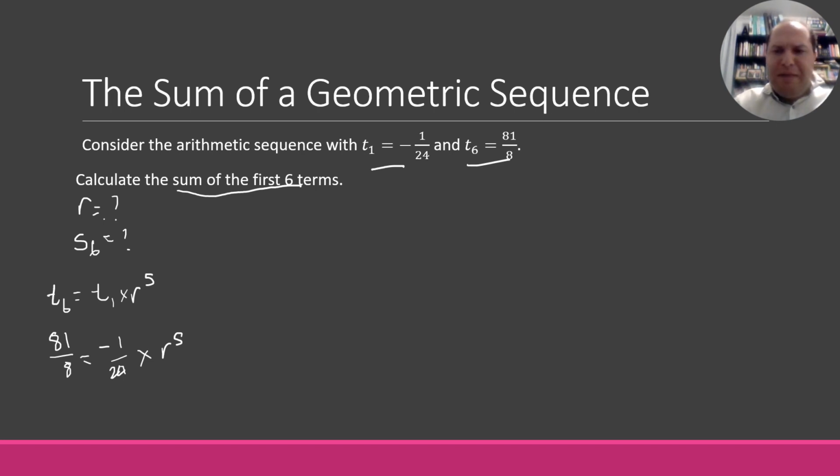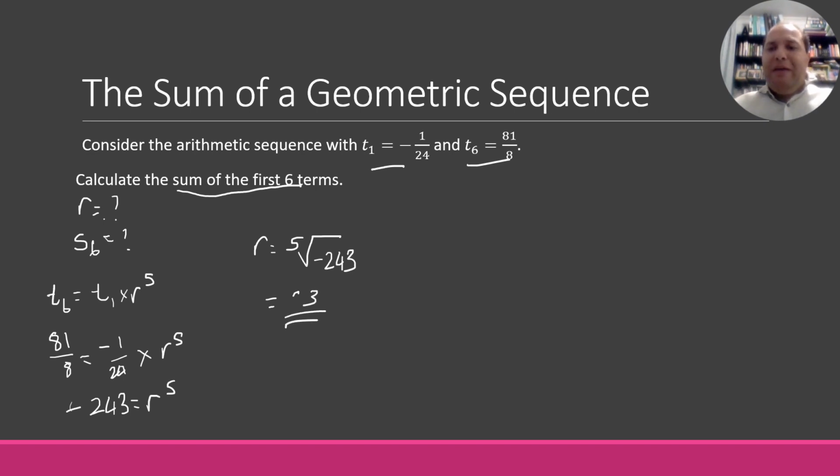Rearranging that, by dividing both sides by negative 1 over 24, you end up with negative 243 equals r to the 5. And then r is going to be the fifth root of negative 243. Using our calculators, that equals negative 3.